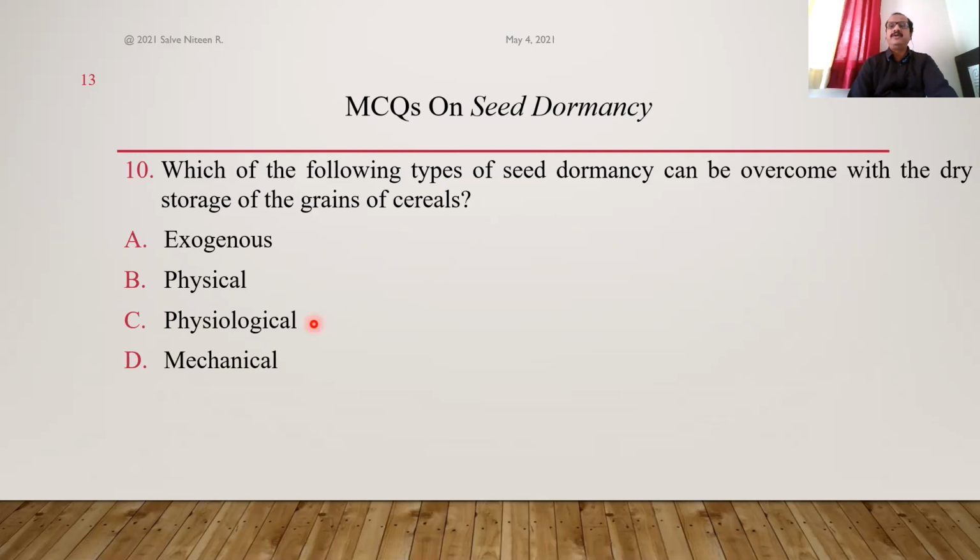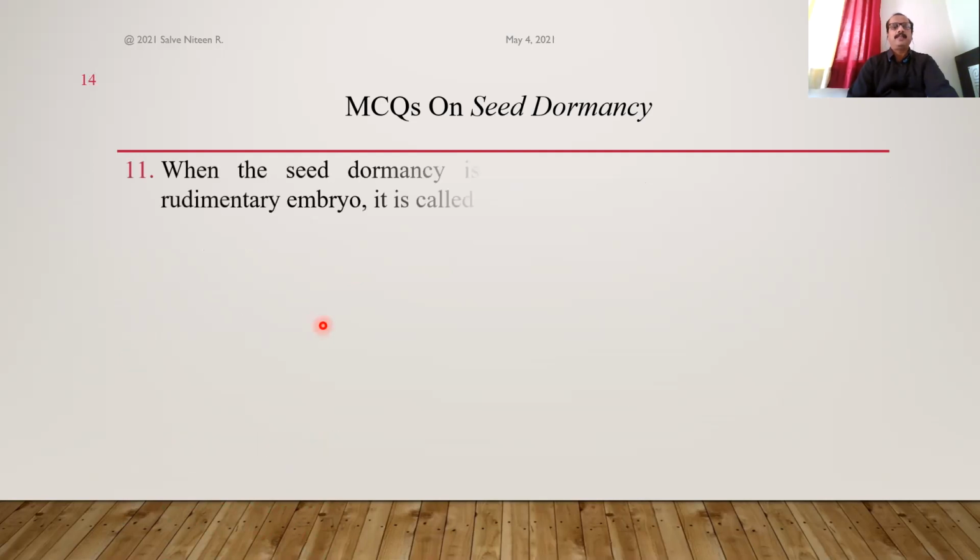It may be a non-deep or shallow type of dormancy, a very deep type of dormancy, or an intermediate type of dormancy. So non-deep or shallow type of physiological dormancy can be broken by this method called dry storage. So C is the answer here, a type of endogenous dormancy.